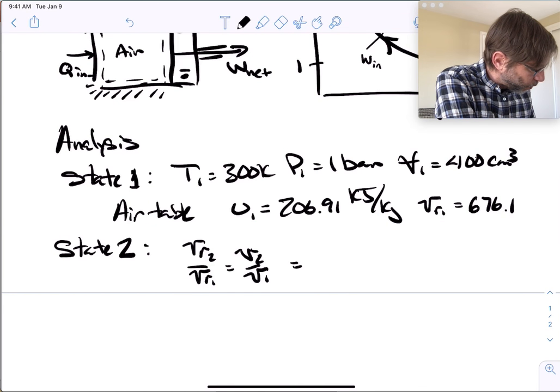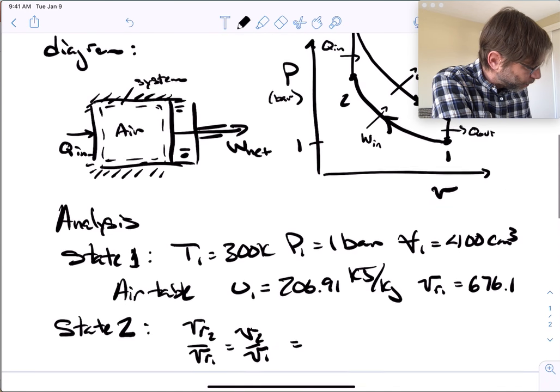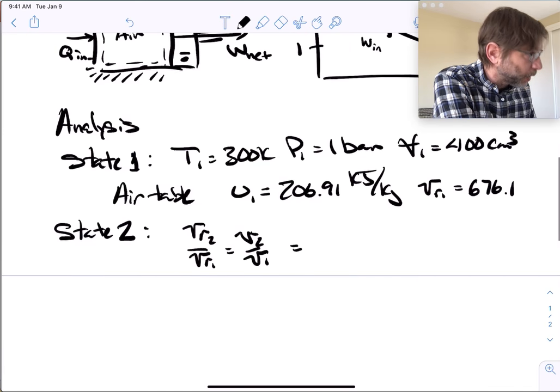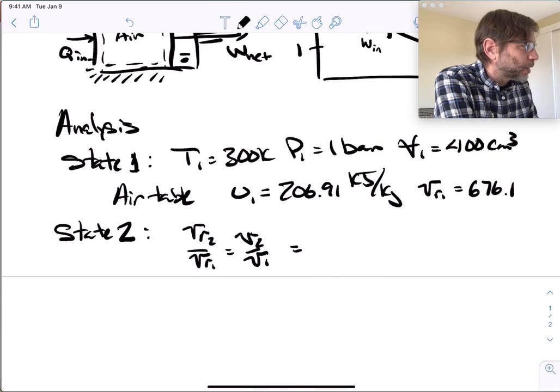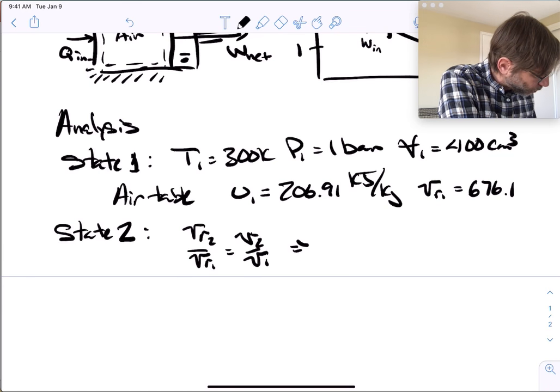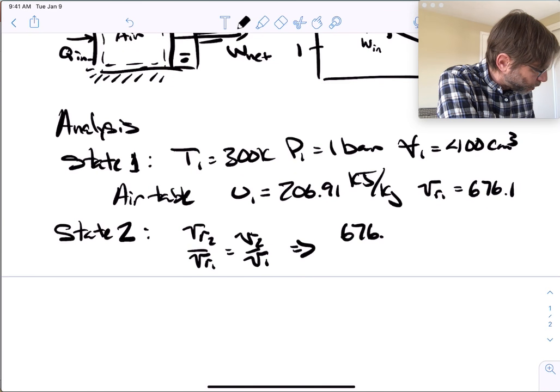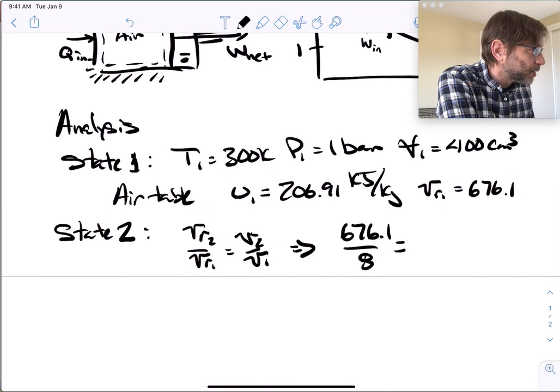So v2 over v1 equals small over big, so 1 over 8. Then essentially we have 676.1 divided by 8 is equal to the other vr, which is, let's see, vr2.